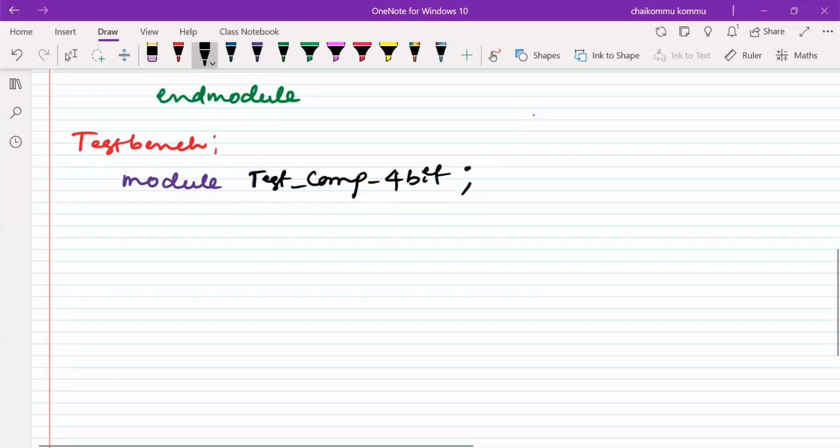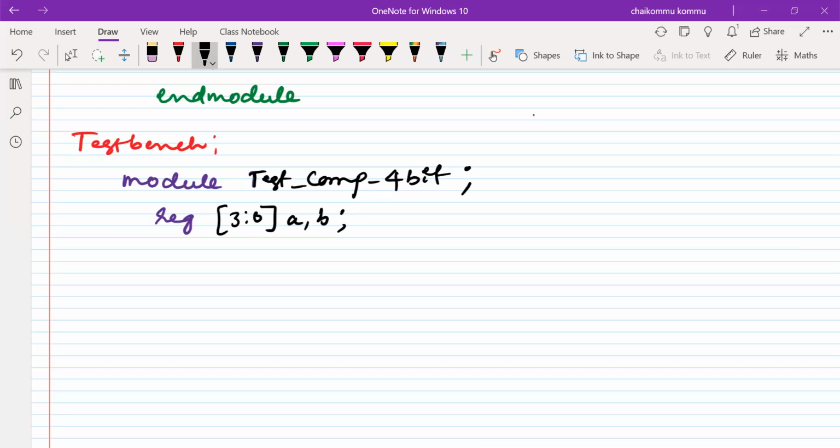Now inputs are represented by register data type. Its values are 3 down to 0 of A, comma B. No, T is not required. We only need to write inputs and outputs. Inputs are represented by register type, outputs are represented by wire type. So it is actually equal.